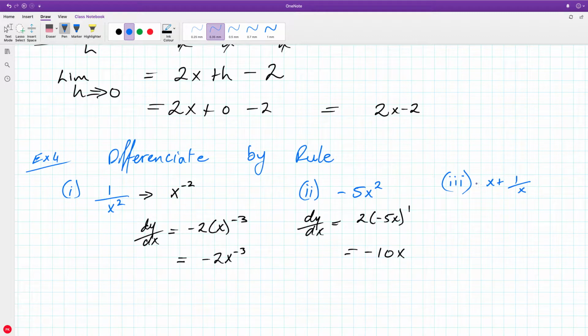Differentiate x plus 1 over x. Oh, it's very like this one over here.